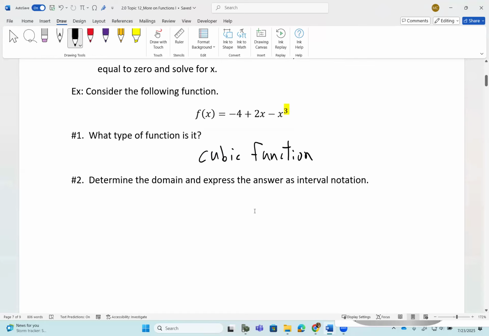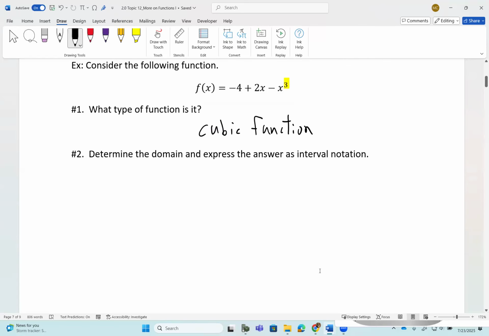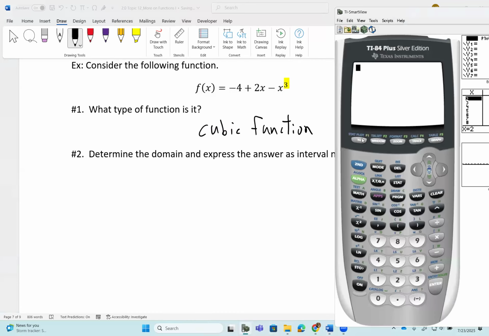This one looks a little bit different. The one that I drew looks like this, but this one doesn't quite look like that. The reason is there's a negative sign right in front of the x to the third power. In a future topic, we'll talk about something called a transformation of a function, which will show you how you can look at the equation part of the function to approximately know what the function looks like.